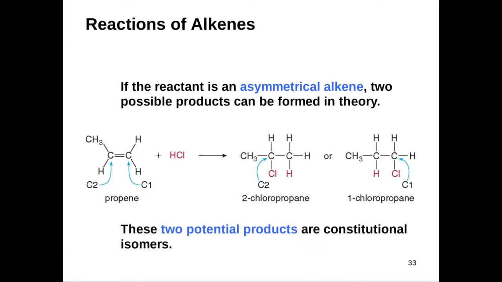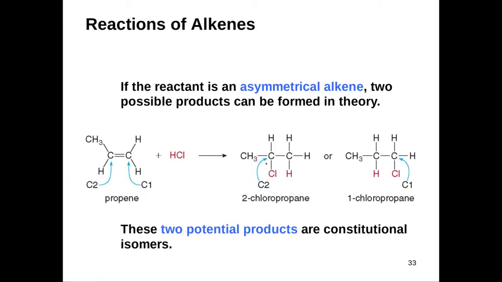Chemistry is totally not boring or anything like that. Now, there's a couple interesting properties here. If the reactant itself is an asymmetrical alkene, 2 possible products can be formed in theory. Now, what does asymmetrical mean? Well, remember, on both sides of this double bond. Now, this is asymmetrical, right? If we have this hydrohalogenation reaction here, reacting this propene with hydrochloric acid, we could produce 2 distinct compounds.